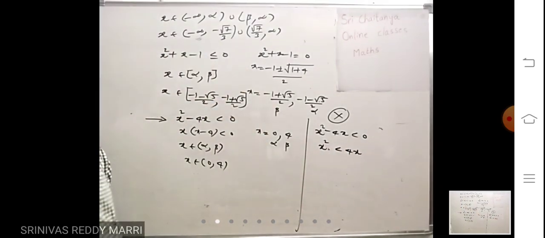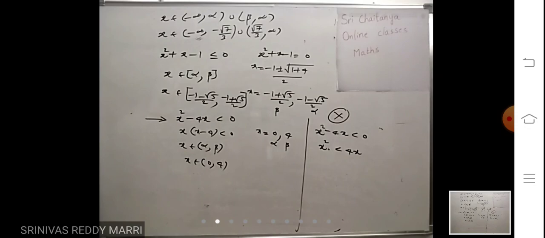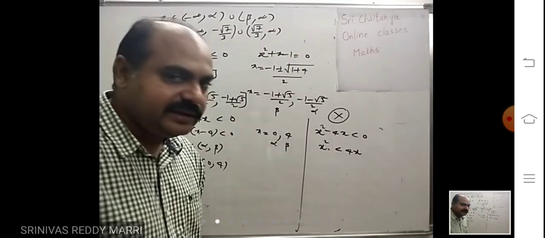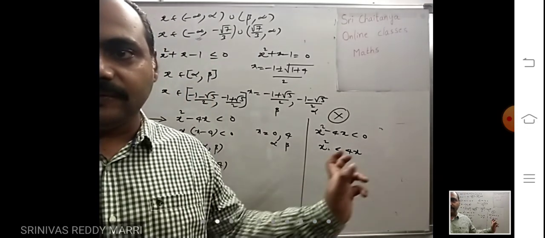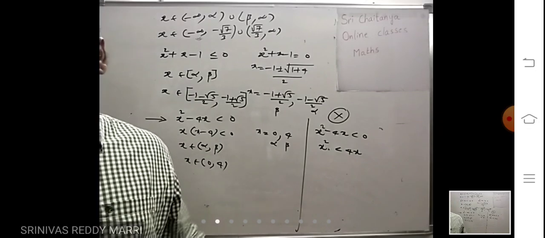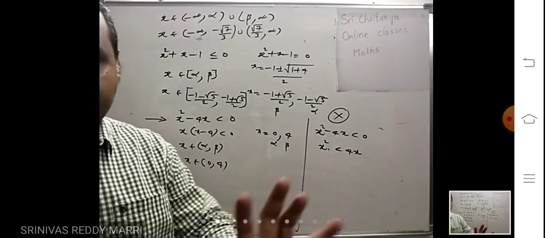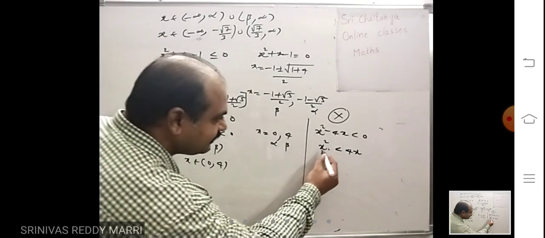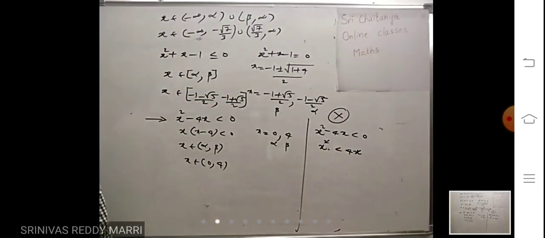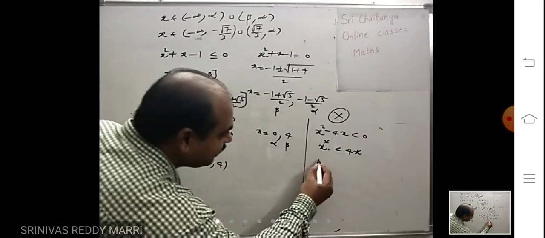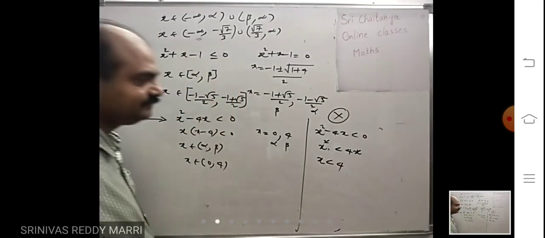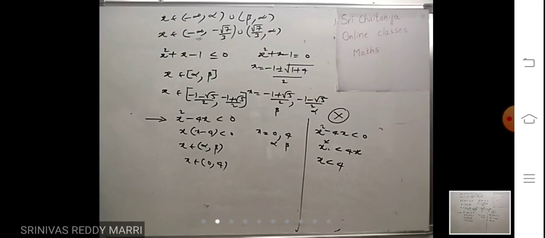Using his creative mind, he will cancel x on the left hand side and right hand side. So x got cancelled, and what will you get? x less than 4.